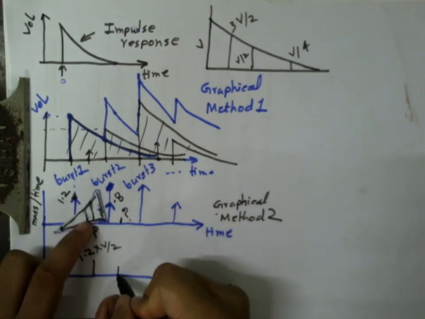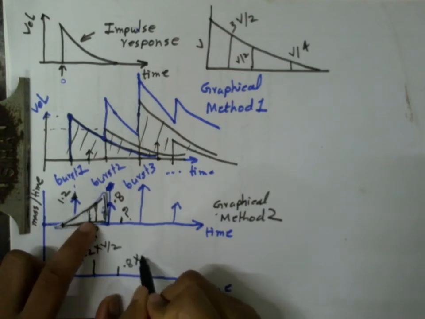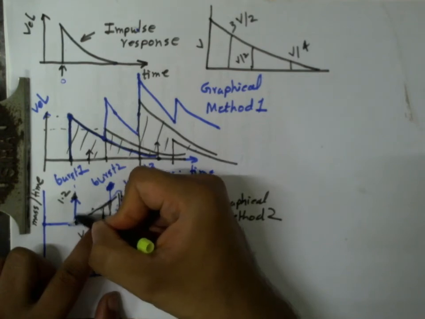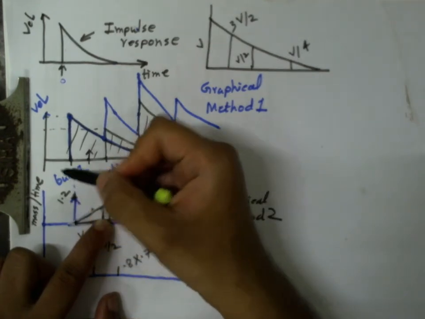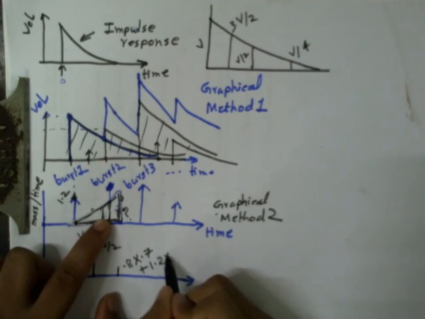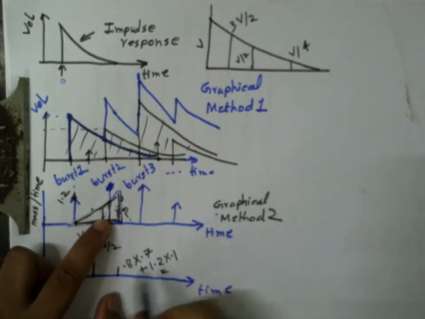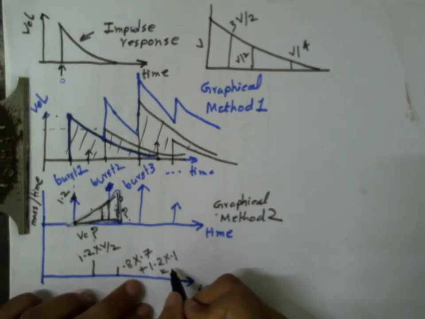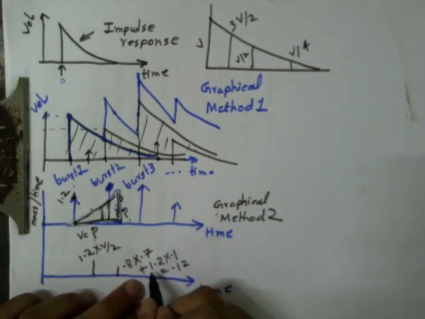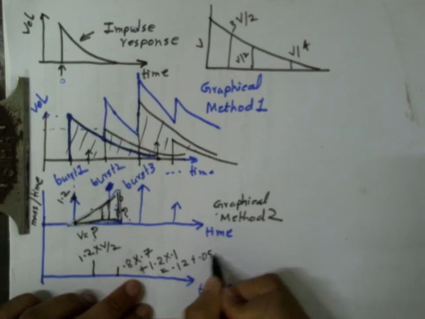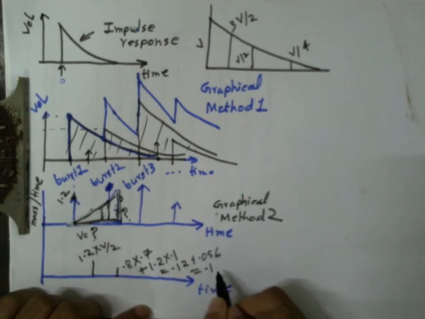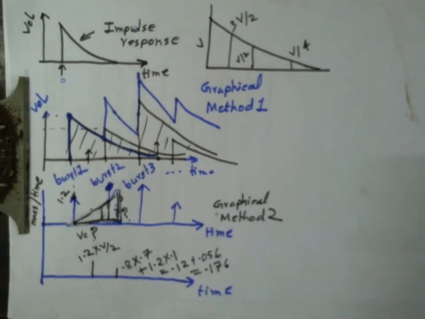So this will be 0.8 times 0.7 plus 1.2 times 0.1, which is equal to 0.12 plus 0.056, which is equal to 0.176.